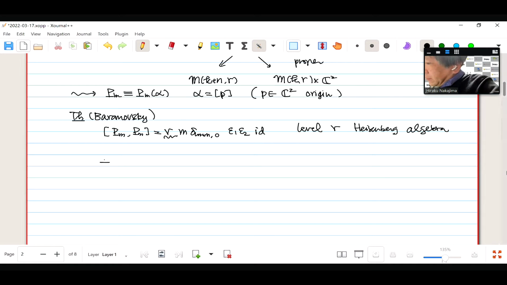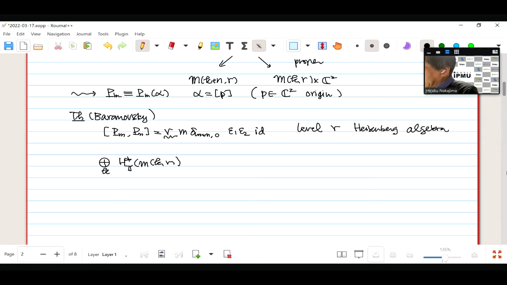So in particular, this direct sum of the homology of M_{K,R} is a representation of the Heisenberg algebra. But the irreducible representation has the same size as in the level 1 case.